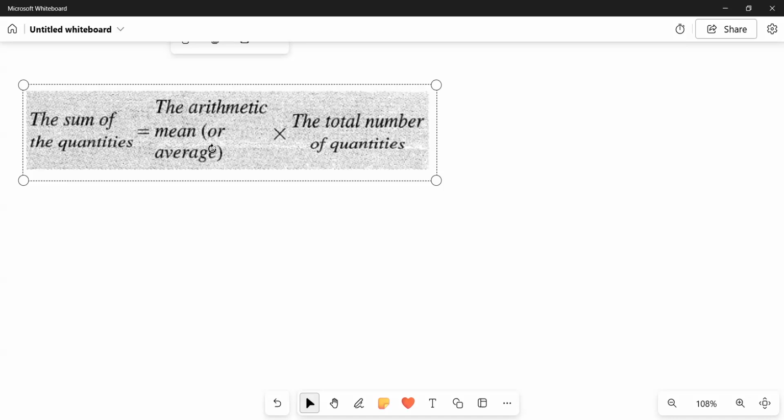Let me show you a problem that this formula might very well be useful for, right? Let me bring it over here.